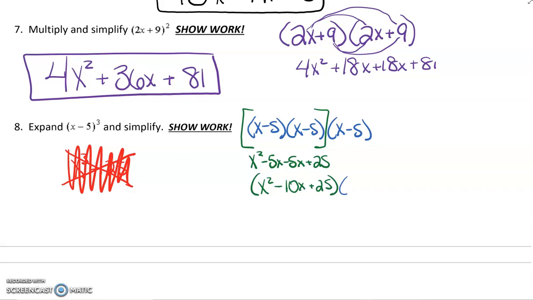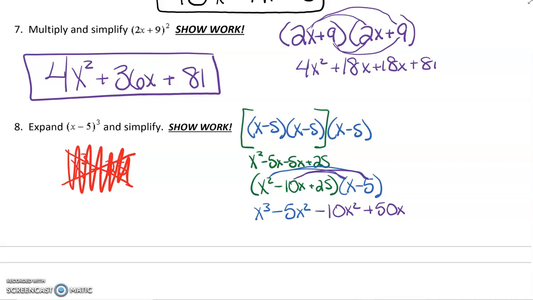Now I need to multiply in the x minus 5 from before. So now I have x cubed minus 5x squared. Negative 10x times x is negative 10x squared. Negative 10x times negative 5 is positive 50x.